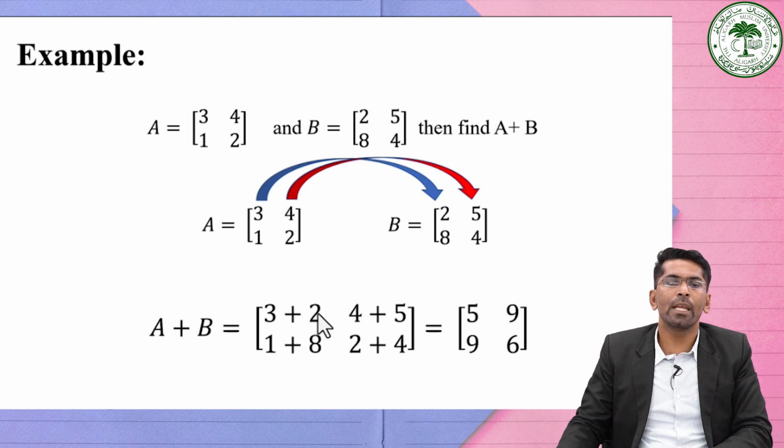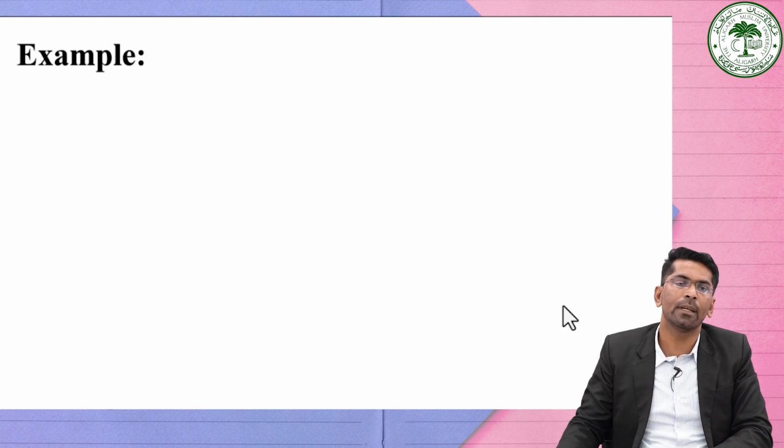Simplifying, 3 plus 2 is equal to 5, 4 plus 5 is equal to 9, 1 plus 8 is equal to 9, 2 plus 4 is equal to 6. So A plus B is equal to 5, 9, 9, 6.